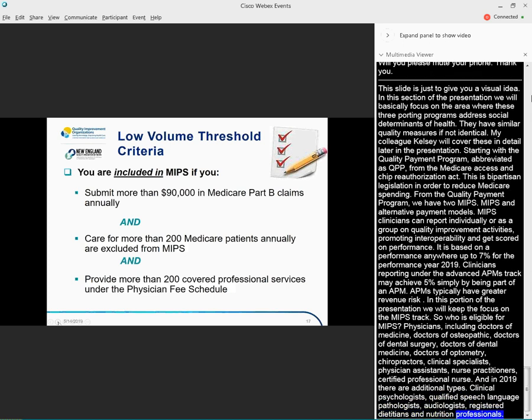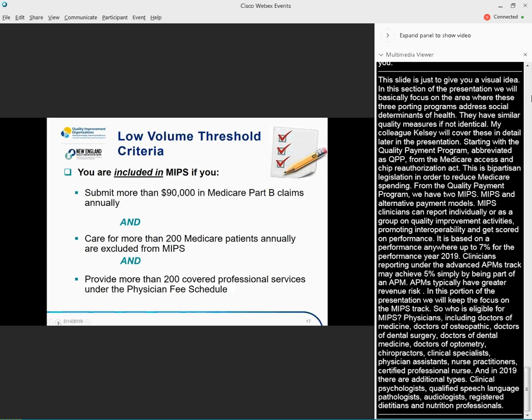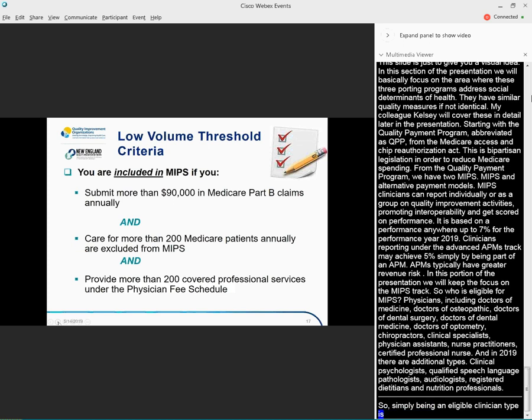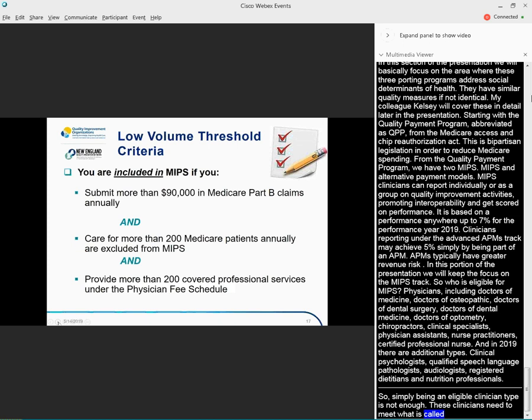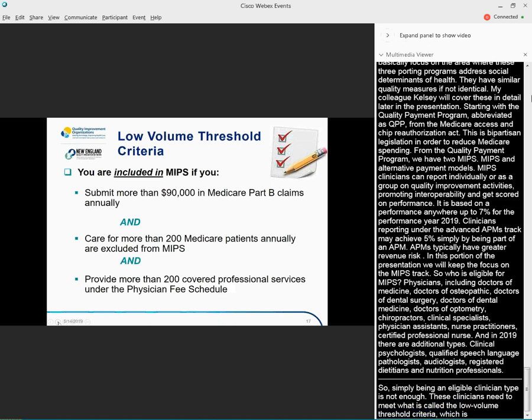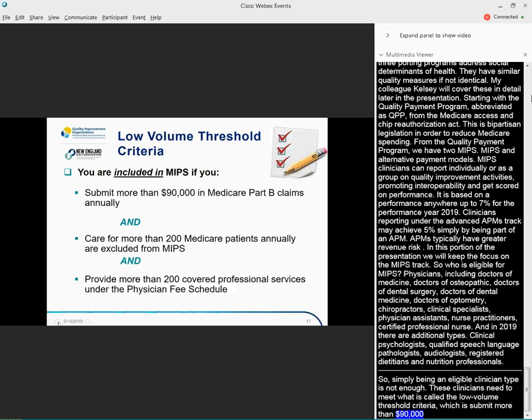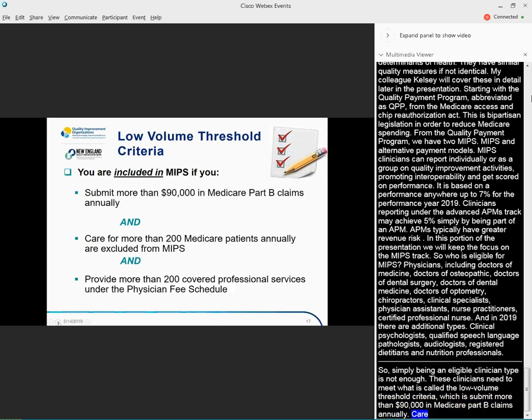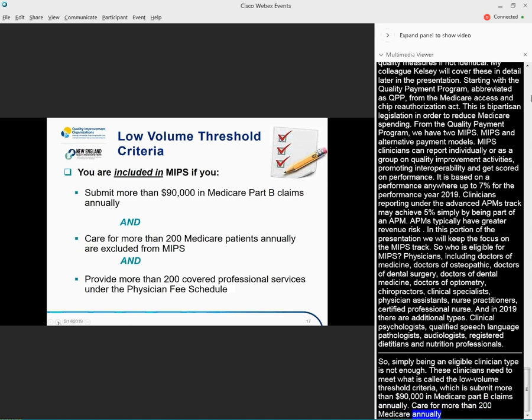And so simply being an eligible clinician type is not enough. These clinicians need to meet what's called the low-volume threshold criteria, which is to submit more than $90,000 in Medicare Part B claims annually, care for more than 200 Medicare patients annually, and provide more than 200 covered professional services under the physician fee schedule.